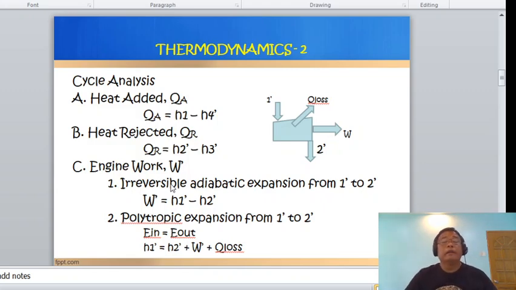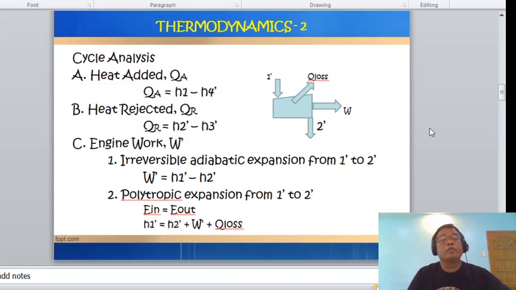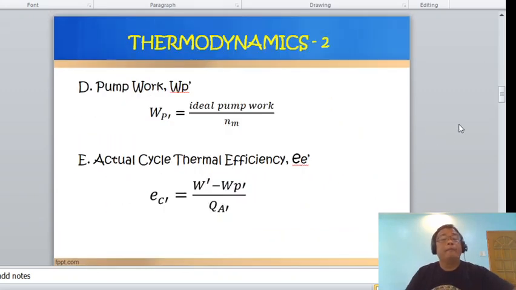Another, class, we have the pump work. Pump work W sub P prime is the ideal pump work divided by the mechanical efficiency. So this is the efficiency of the pump, and it is now included.